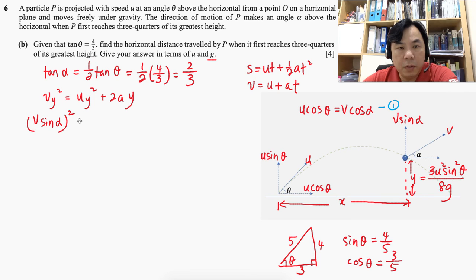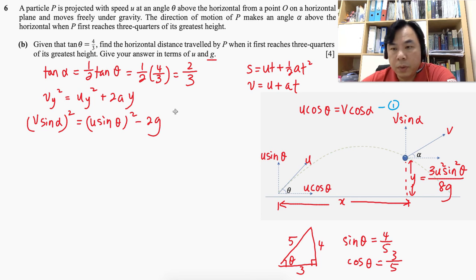Now this is actually given by v sine alpha, and this is given by the square root of u sine theta squared minus 2g times y, where y is 3/4, so that is typically 3u squared sine squared theta over 8g.